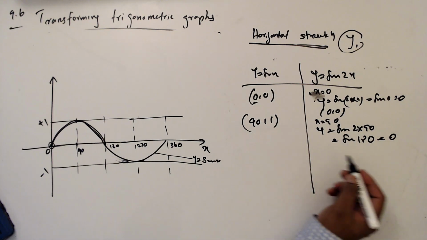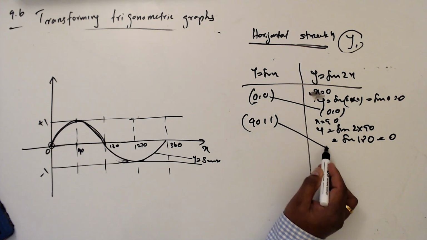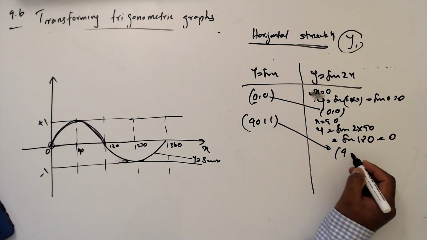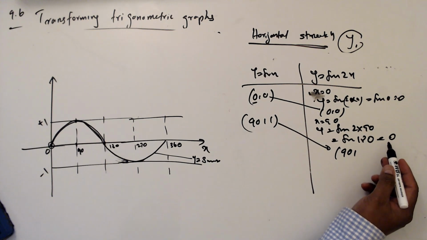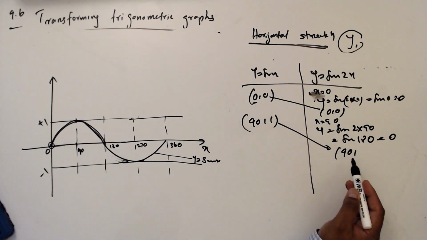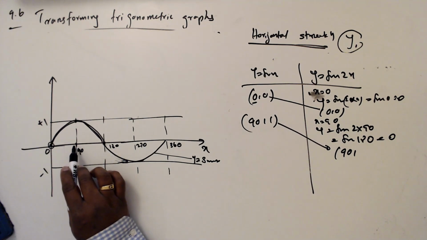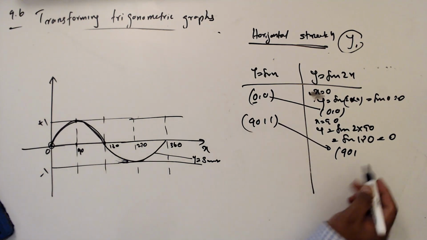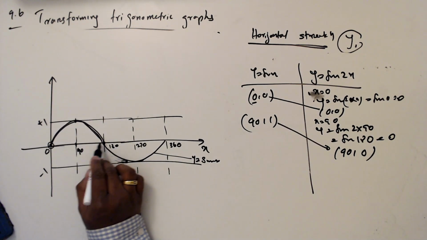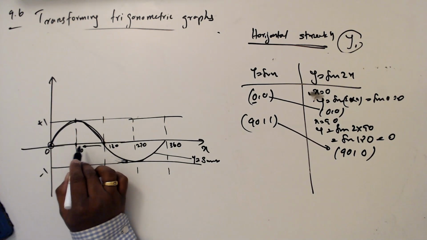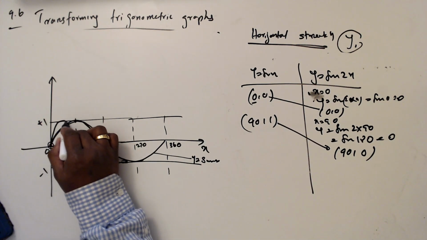So now here is my 0, 0. Now what is this matching? When x equals 90, y value is 0. It means this point is shifting to here. Right? It means the graph is going to be like this now.